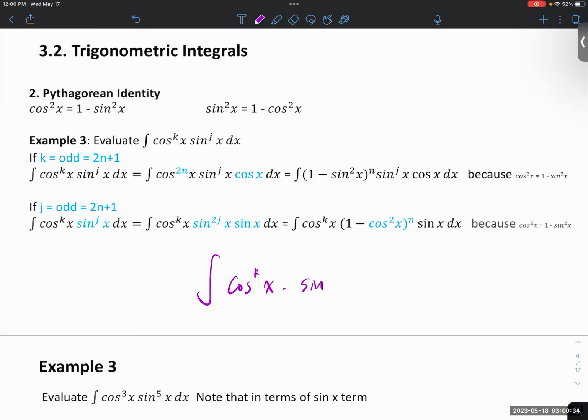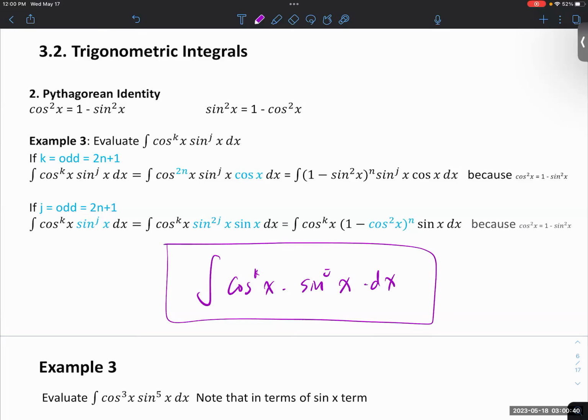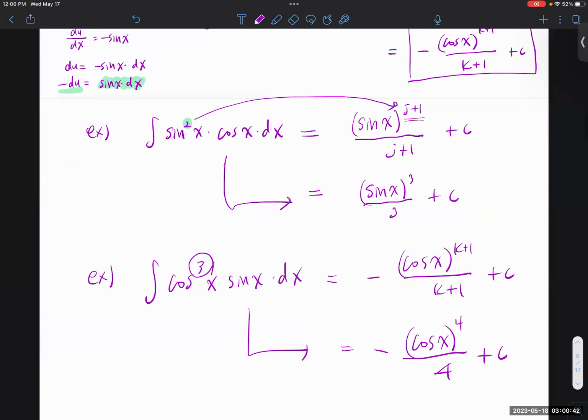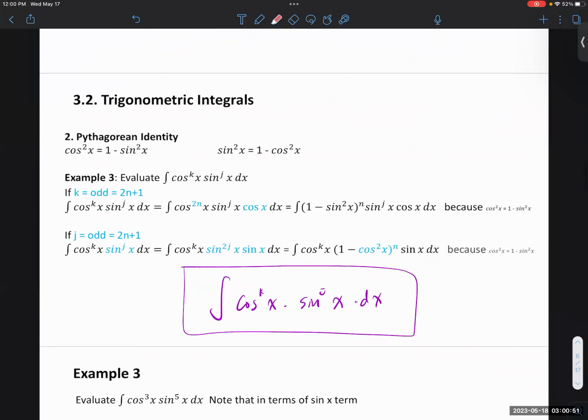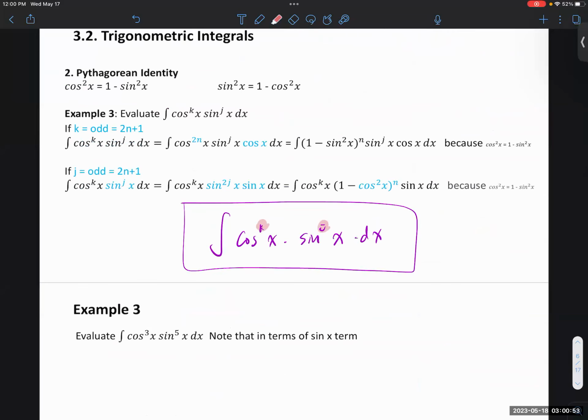So I'm going to have j and k both, right? In the previous slide, I showed you one trigonometric function, so either sine has a power or cosine has a power, but now I have a power on both cosine and sine. Dun, dun, dun, dun.